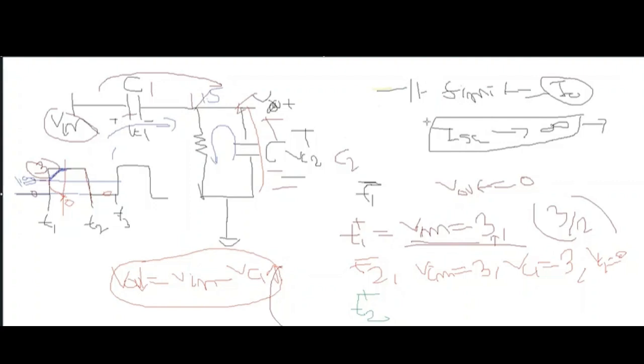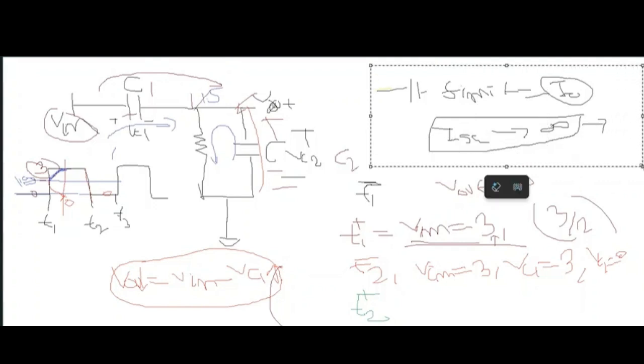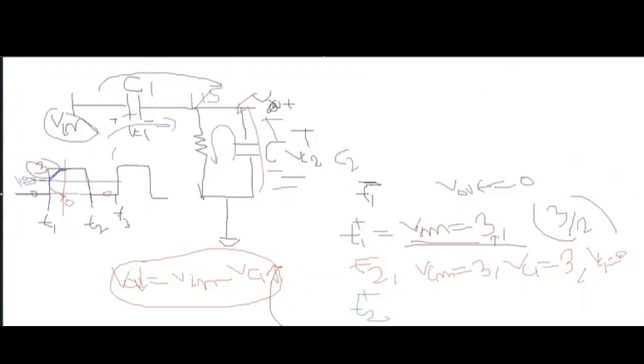So basically the circuit becomes like this. Let me draw it here. This is C1 and this is C2. Suppose this is the ground, and initially C1 was charged to 3 volt, and this voltage is 0 only.